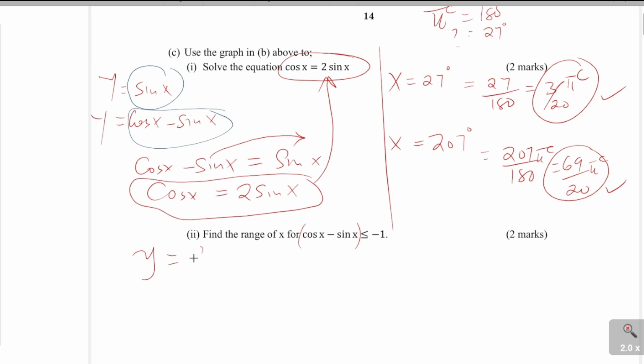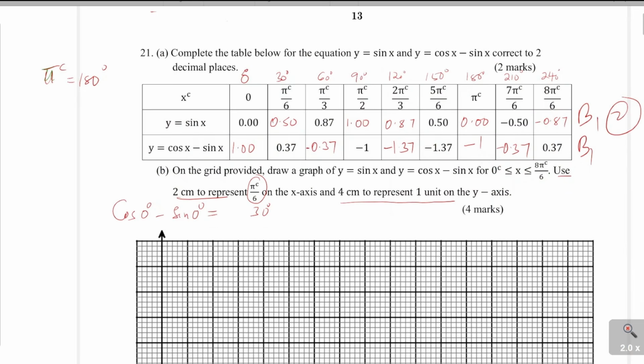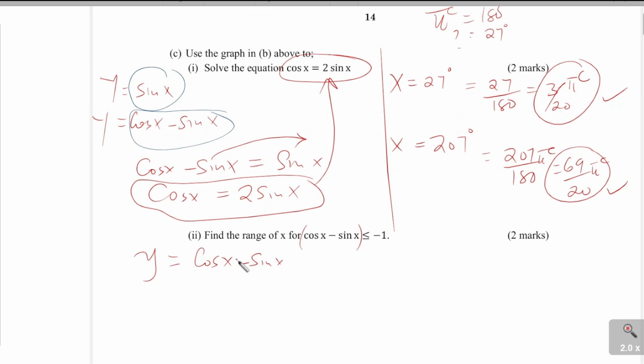So y is equal to cosine of x minus sine of x, and this is less than or equal to -1. In simple terms, you're saying that y is less than or equal to -1. So to get this range, you just need to draw this line.